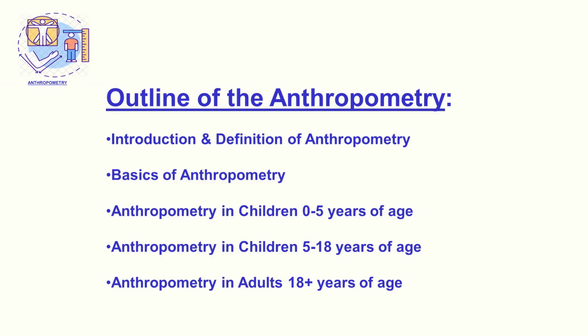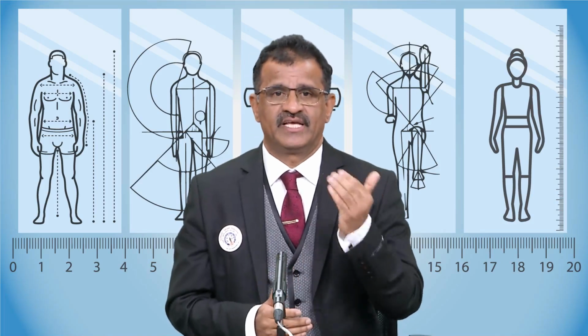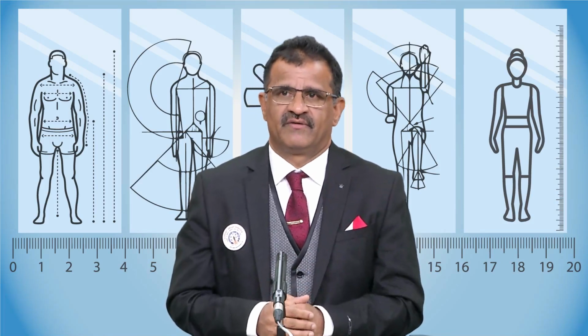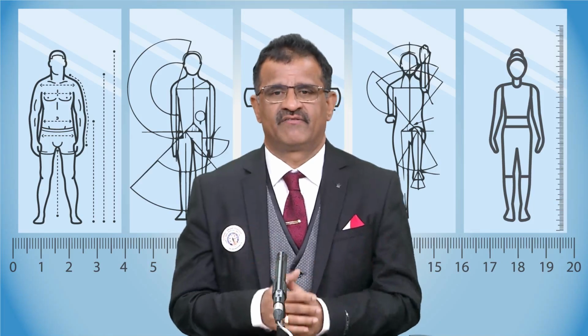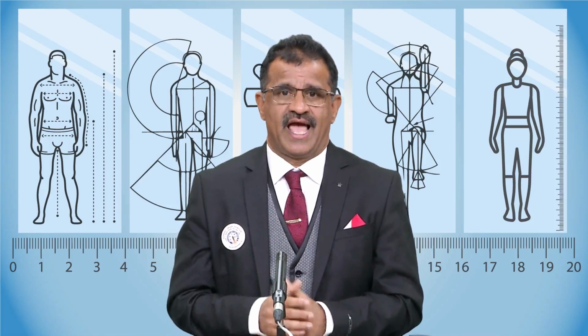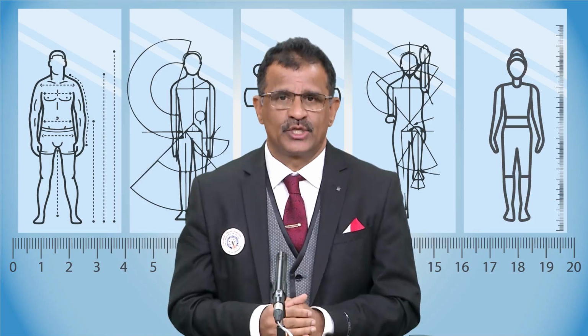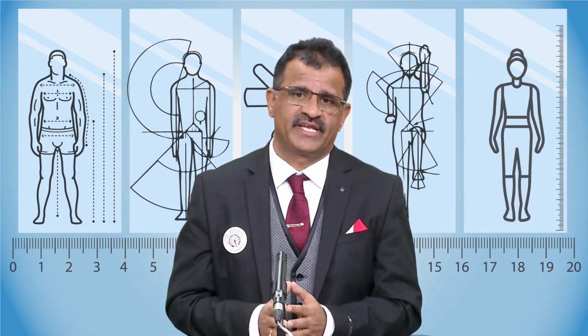The outline of the anthropometry you can see on the screen: introduction and definition of anthropometry, basics of anthropometry, anthropometry in children from 0 to 5 years of age, anthropometry in children from 5 to 18-19 years of age, anthropometry in adults 18 years and above, including pregnant women and lactating period.